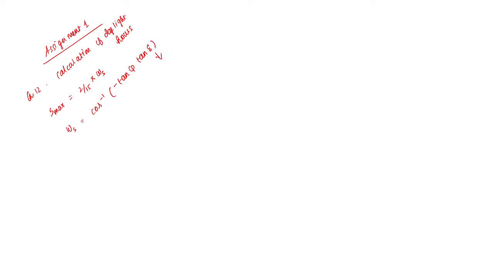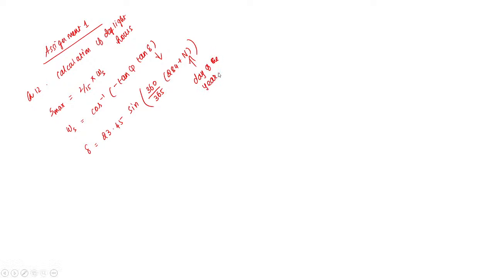Delta is the declination angle, calculated as delta equals 23.45 sine of 360 upon 365 into (284 plus n). This n is nothing but the day of the year.